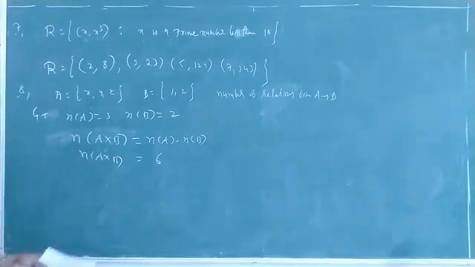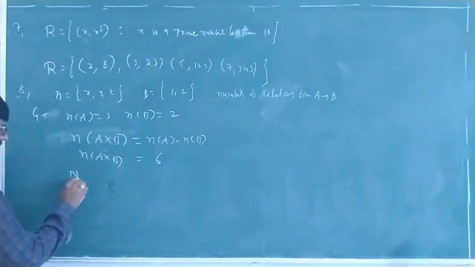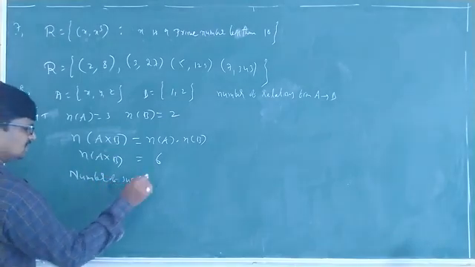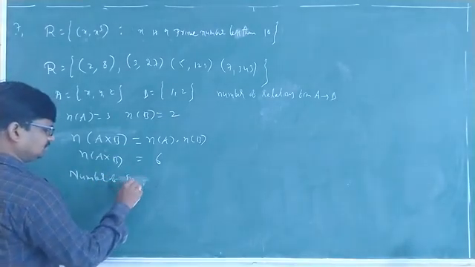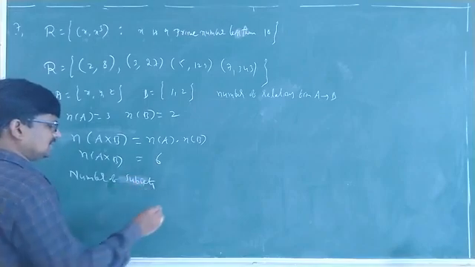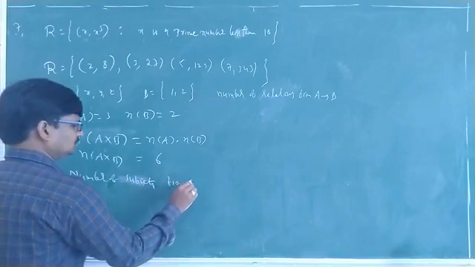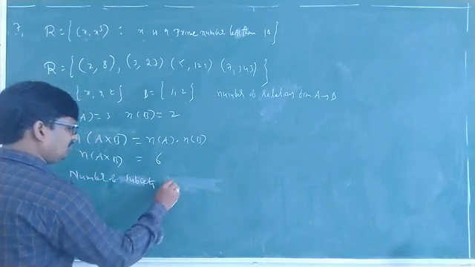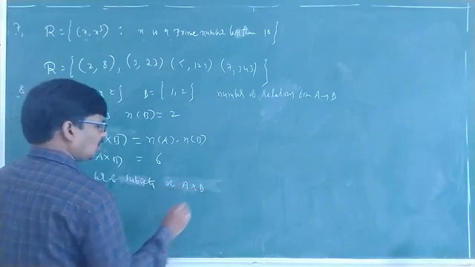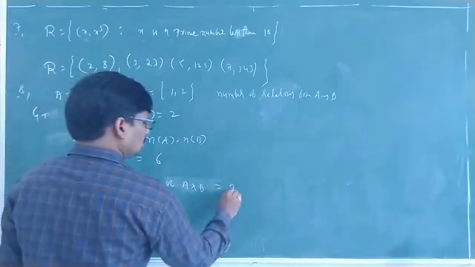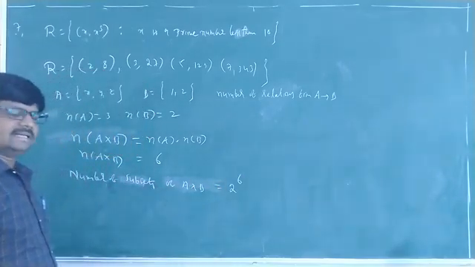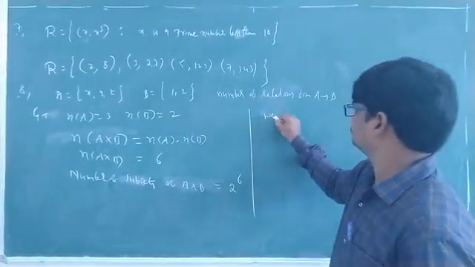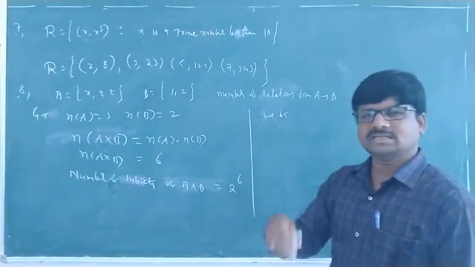Remember, here I am finding the number of subsets of A cross B. How many subsets are there? That is equal to 2 power 6. We know that every subset is a relation.